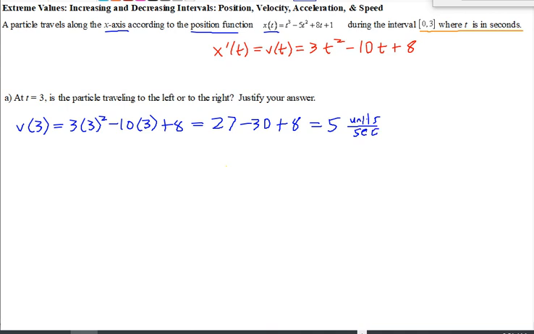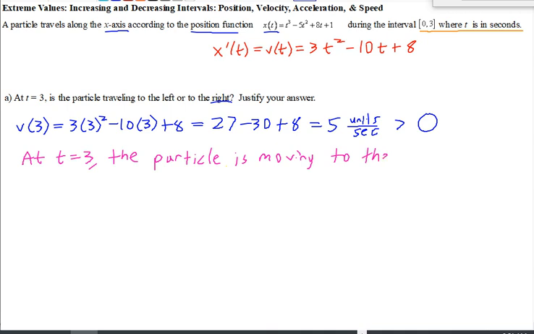But really all we're concerned with is whether it's positive or negative. In this case, it's greater than 0, which means it's moving to the right on the x-axis. So we can say at t equals 3, the particle is moving to the right.